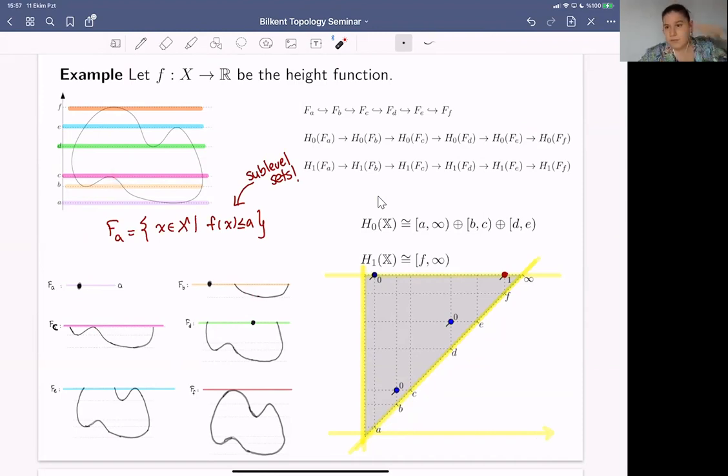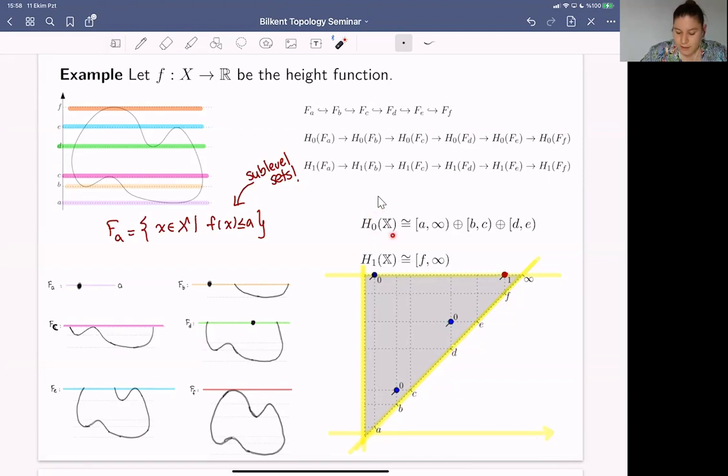If you keep this process, then you have 6 critical numbers and you can consider the sublevel set filtration. If you apply the homology functor, the 0th homology functor or the first homology functor, you get vector spaces and linear maps between them. All the information is contained in this collection of linear maps and vector spaces.